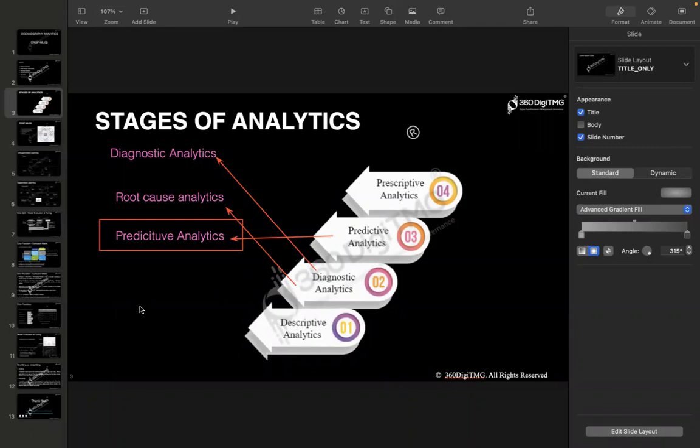Using historical data combined with statistical modeling, data mining techniques and machine learning, companies employ predictive analytics to find patterns in data to identify risks and opportunities.